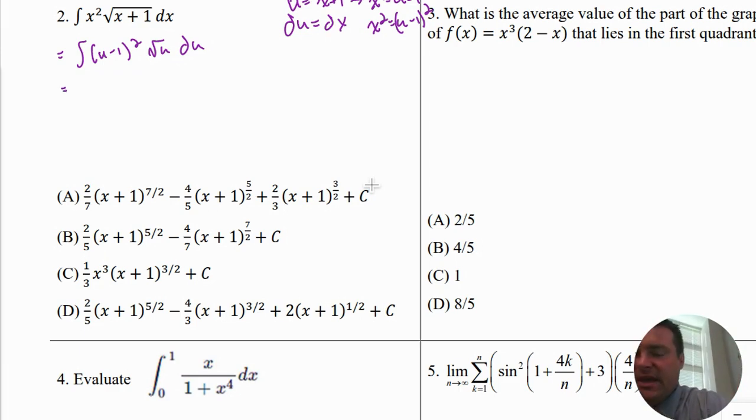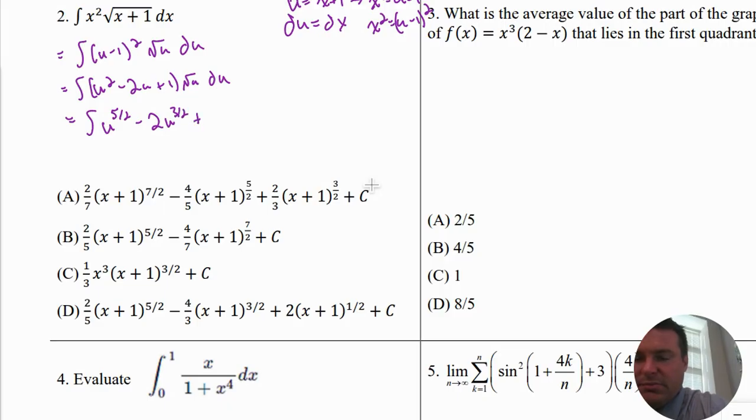I'm going to expand this before I integrate because I can't integrate it as written. So I'm going to rewrite this as u squared minus 2u plus 1, and multiply this by root u. This gives me an integral of u to the 5 halves minus 2u to the 3 halves plus u to the 1 half du, because root u is equivalent to u to the 1 half.